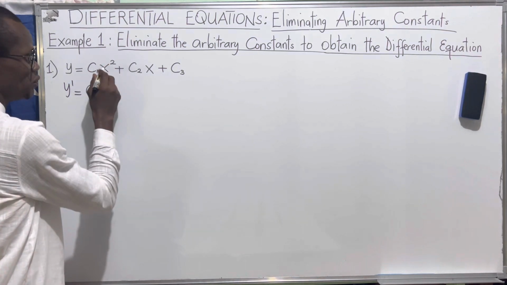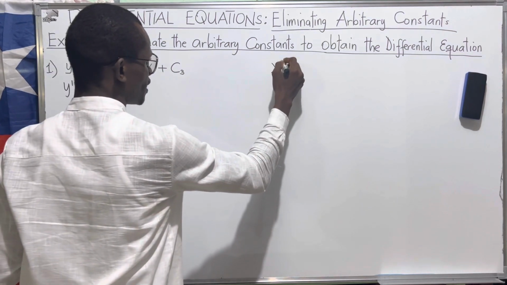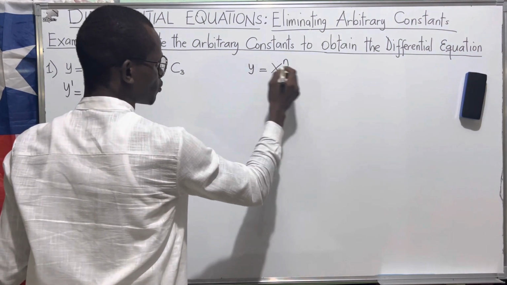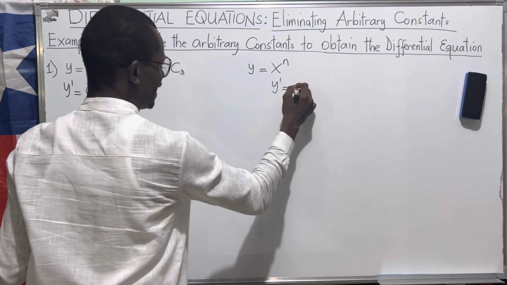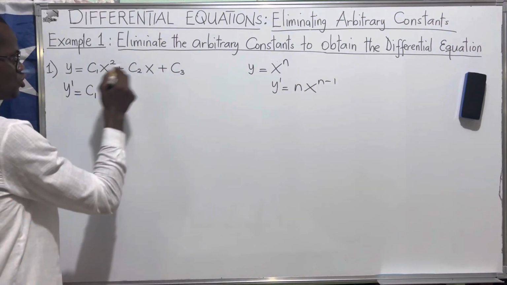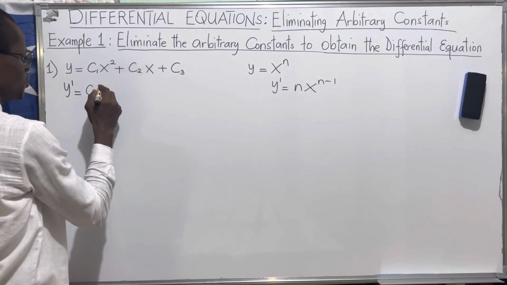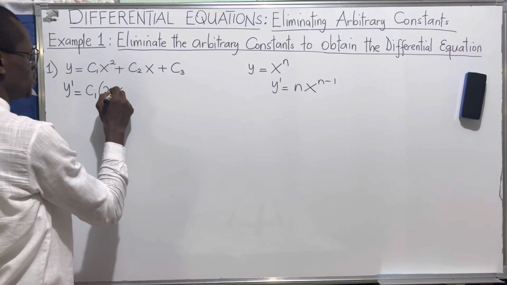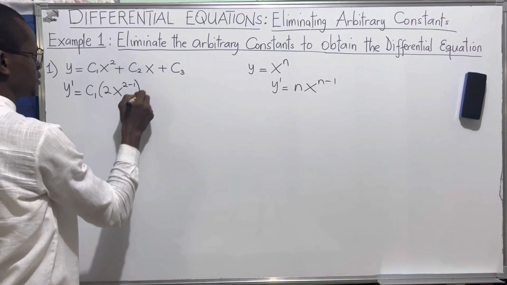So we apply the power rule. Remember, the power rule says if you have x raised to the n power, y prime will be n times x raised to the power n minus 1. So n here is 2, so we bring this 2 down. We rewrite x and subtract 1 from the power.